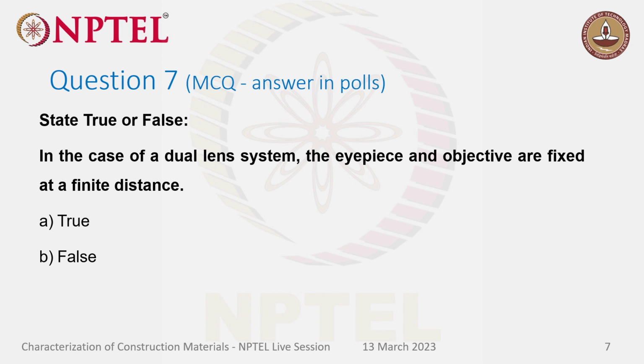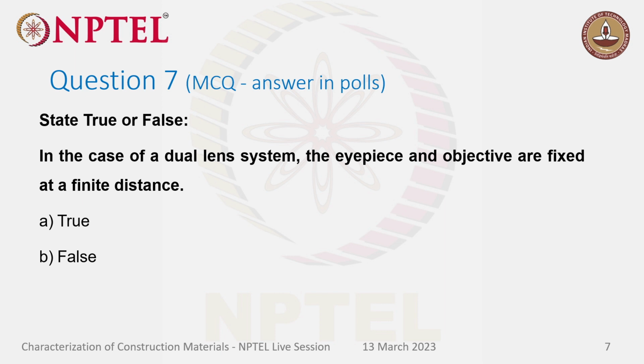The question is, in case of a dual lens system, the image plane is an objective or fixed at a finite distance. Is that so? As discussed, from a single lens to dual lens and compound lens also he discussed.